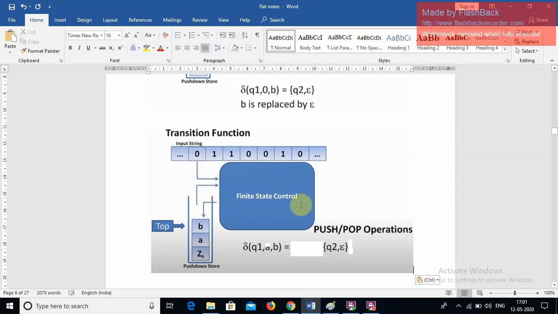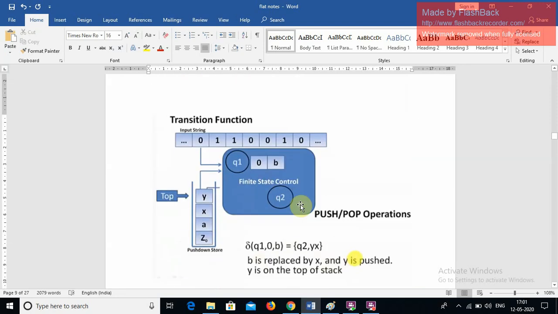If you want to do another operation, that is q1, 0, b, pushing yx, you will see how it is inserted into the stack. This is the transition function, with the input string here and the stack here. Previously we had b only, right?